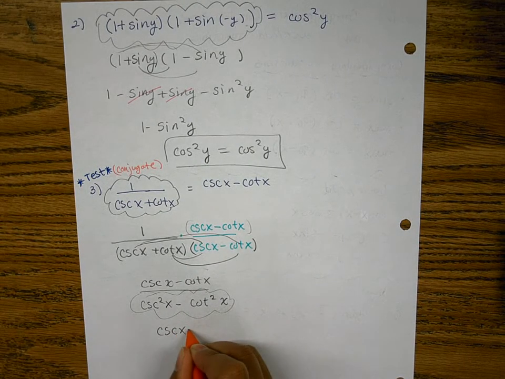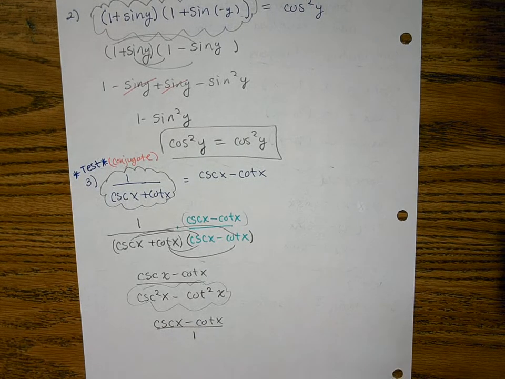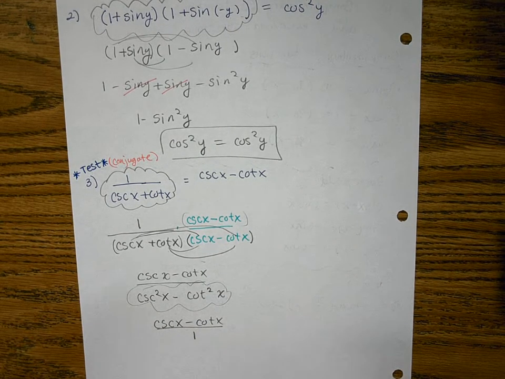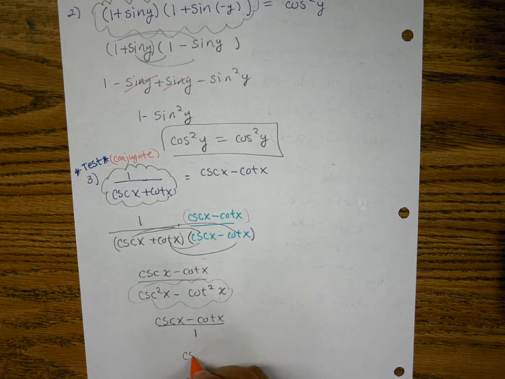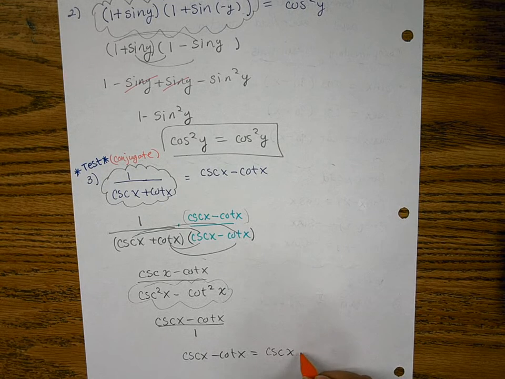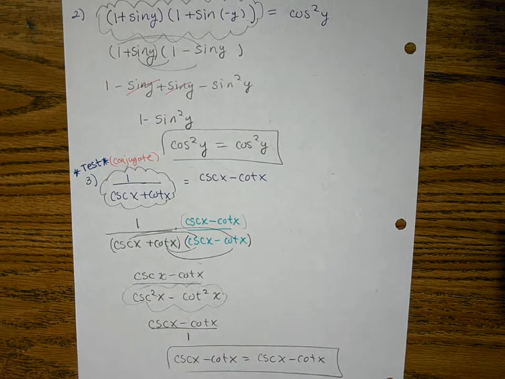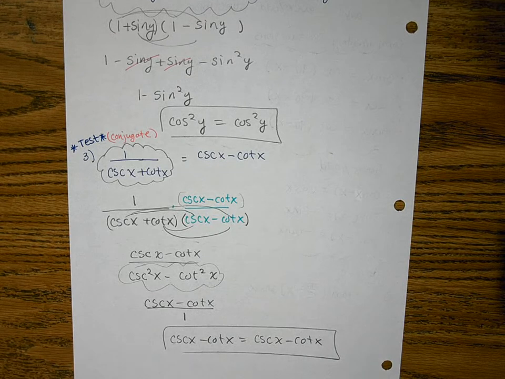So we have cosecant x minus cotangent x over 1, and cosecant x minus cotangent x over 1 is just cosecant x minus cotangent x, which equals cosecant x minus cotangent x. And that is it for this lesson.